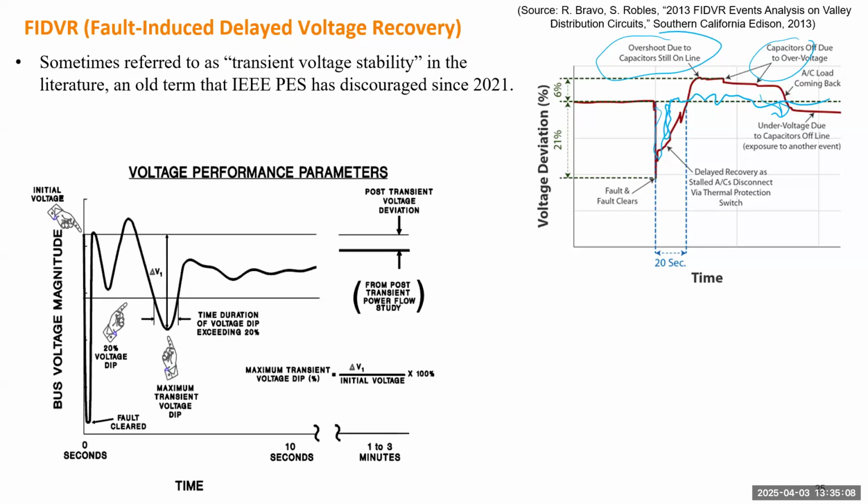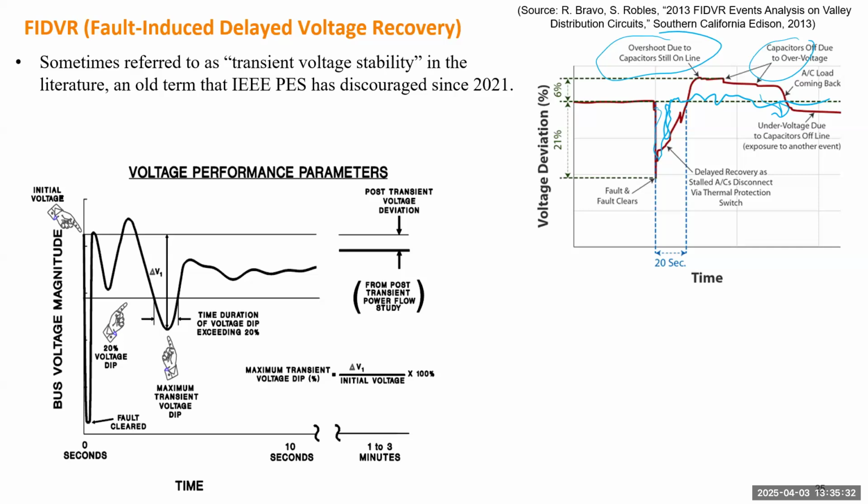So NERC has a standard about what dynamic voltage performance you need to have under any contingency. We mentioned this one before. This is from the NERC standard. It gives you a standard voltage waveform right after any fault. It considers 3 stages.